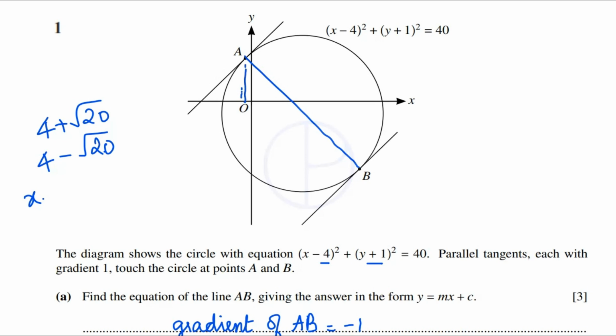If you check the diagram, this is 4 plus some value, so this will be 4 plus square root of 20, and this will be 4 minus square root of 20. So the x coordinate of A will be 4 minus square root of 20.